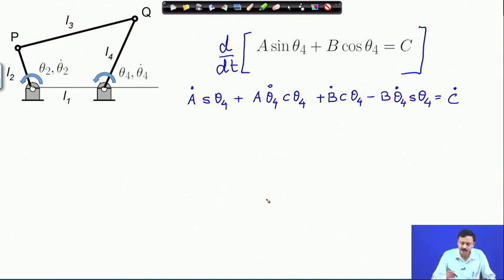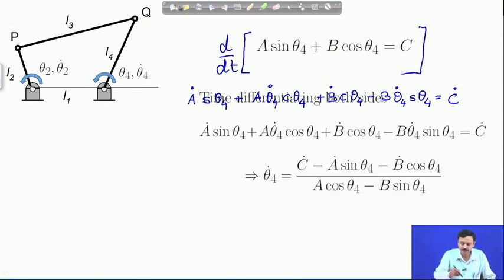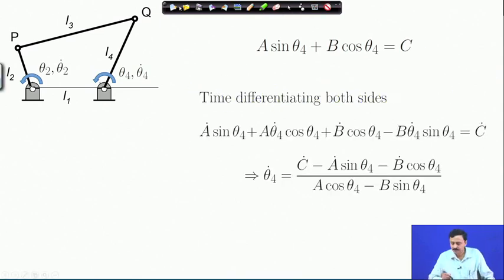Now, we know the expressions of A, B and C in terms of theta 2. So, let me show you. So, here what I have done extra is I have collected terms of theta 4 dot and I have expressed theta 4 dot in terms of the other quantities.